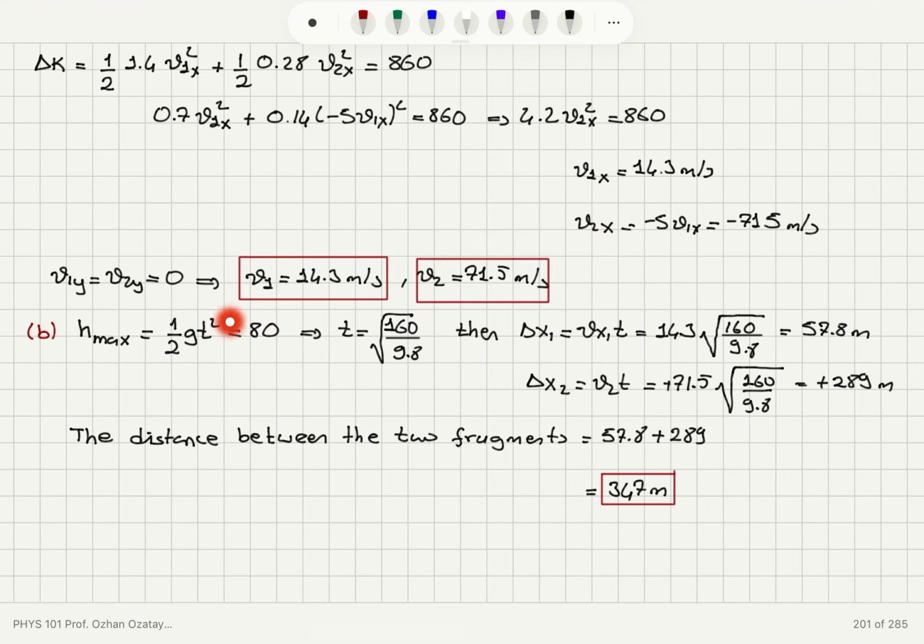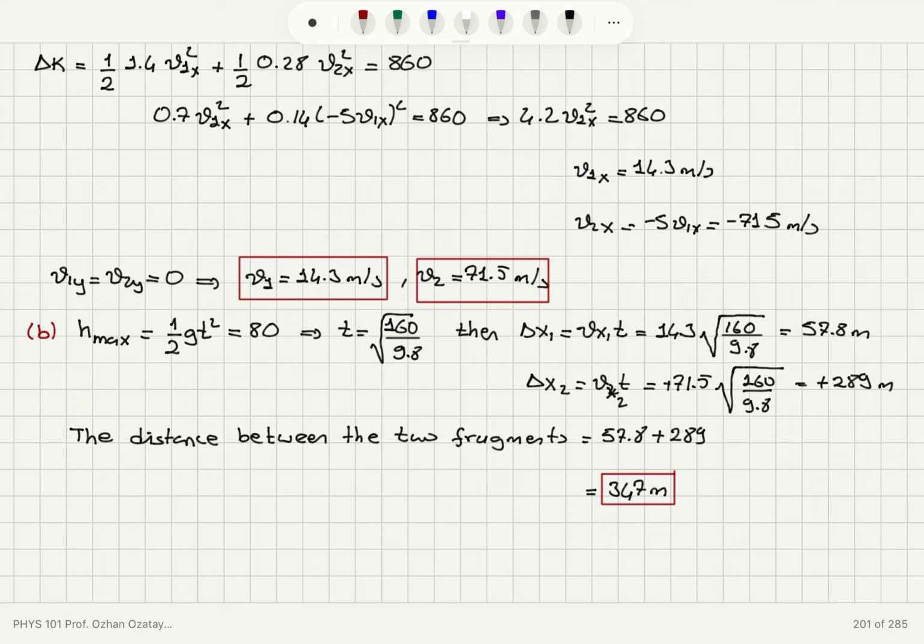So we can calculate the time of flight because we have no initial y component of the velocity for these two fragments. 1/2 g t squared should be equal to the height. So that gives us for delta x1, vx1 times time of flight, and vx2 times time of flight for v2.